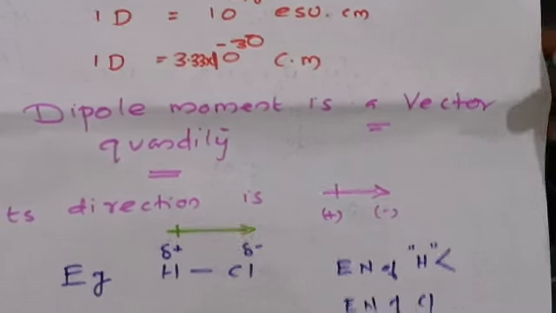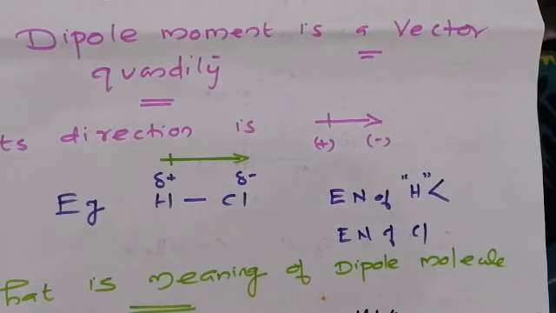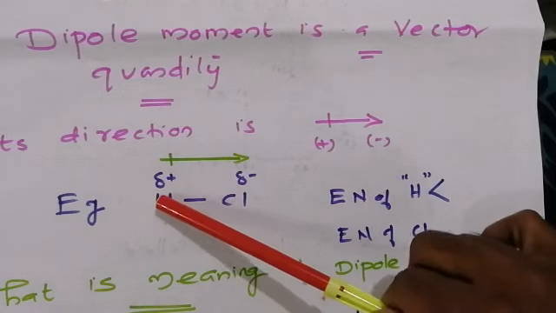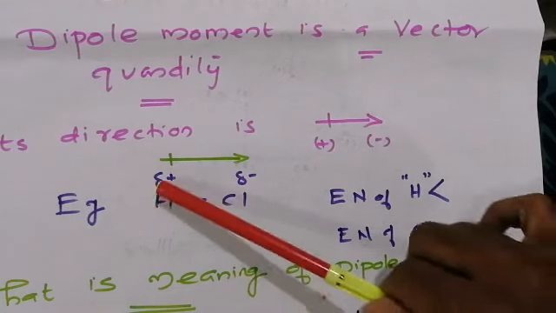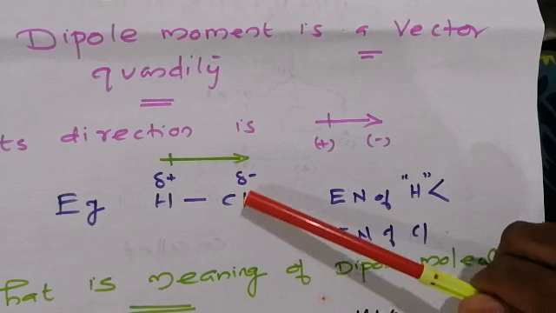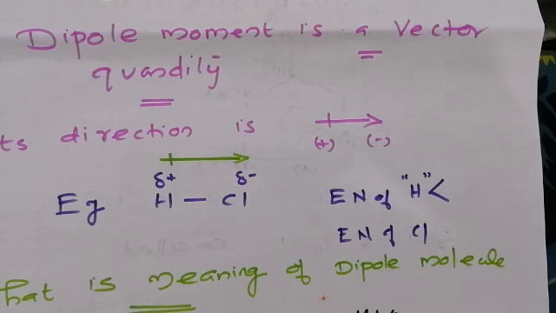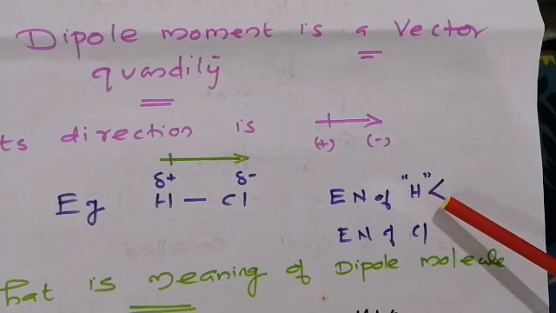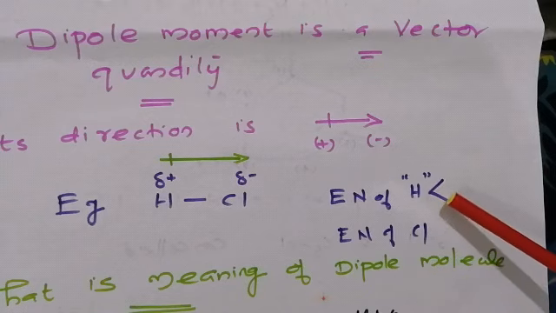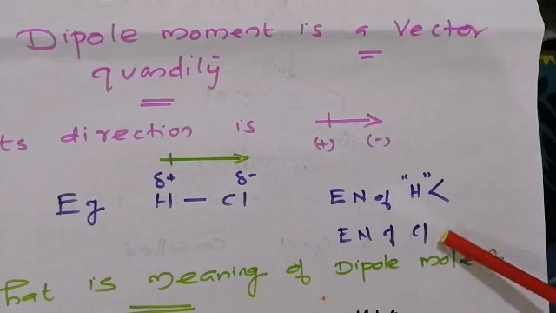For example, let us take the HCl molecule. In HCl, hydrogen has a partial positive charge and chlorine has a partial negative charge. Why does hydrogen have a partial positive charge? Because the electronegativity of hydrogen is less than the electronegativity of chlorine.